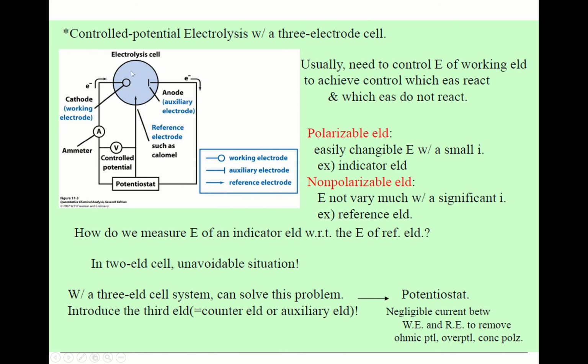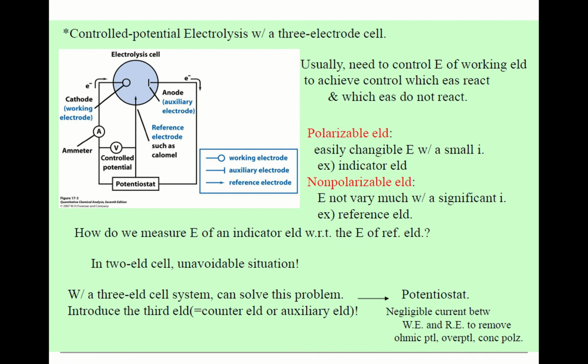With a two electrode system, you don't have this reference electrode. Current flows between cathode and anode. But when current flows, the anode composition or cathode composition changes, because current means reaction, reaction rate.